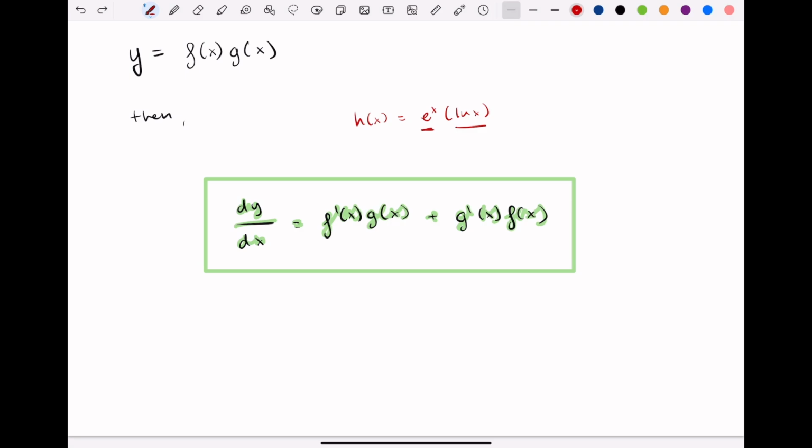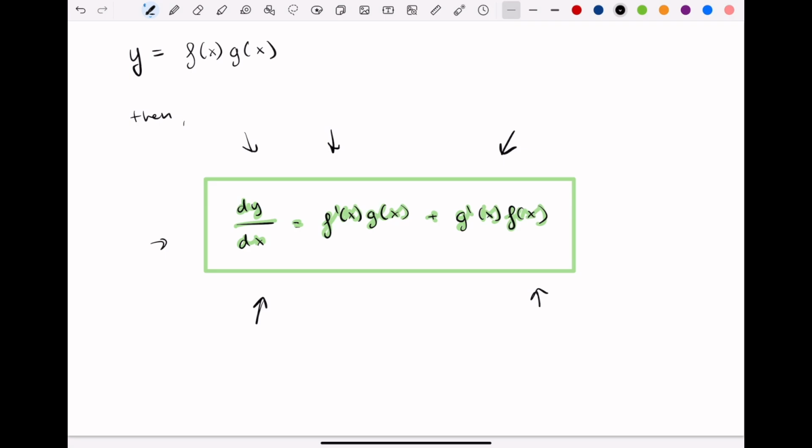So what we could do is take f prime of x, so dy dx of e to the x, times ln x, simply by itself, plus g prime of x, which is dy dx of ln of x, times e to the x, simply by itself. So this is the basics of the product rule, and refer back to this always when in doubt. It's pretty simple, as you can tell. It's only multiplying and adding.